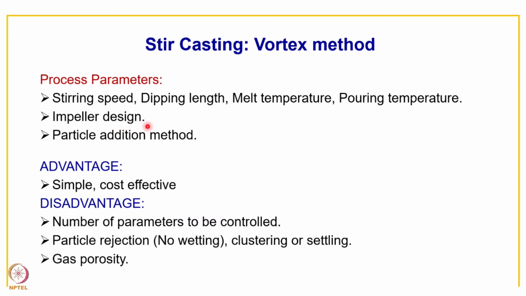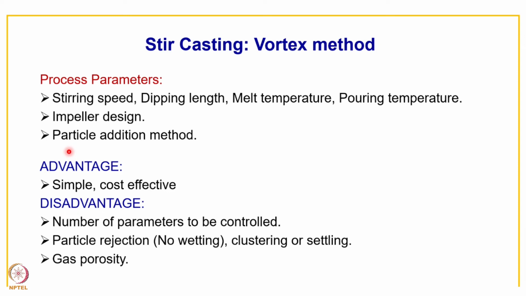So by changing the design of the impeller, you can actually modify the process in terms of the ease of creating the vortex or creating a better condition in the liquid metal for the incorporation of the ceramic particles, okay. And apart from that, the particle addition method also has to be considered, because how well the particles are added, that will decide how well they will be dispersed into the metal, okay.